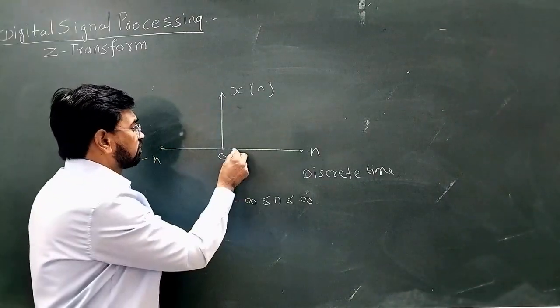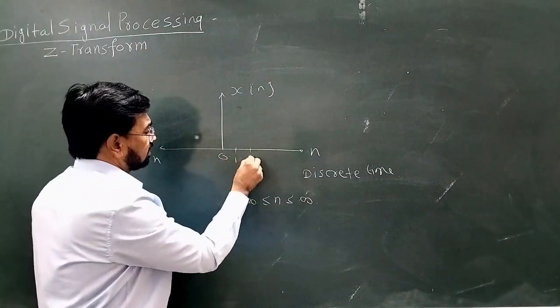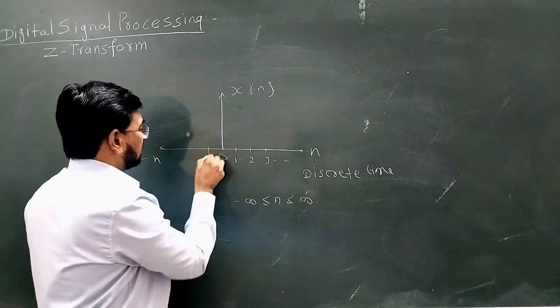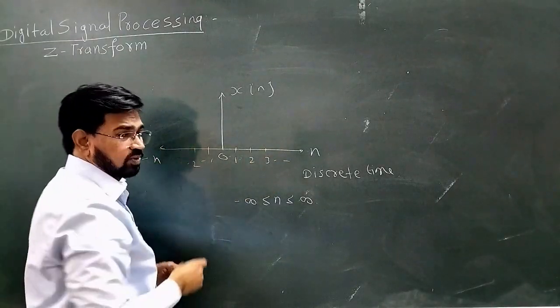The values of n are plus 1, 2, 3 and so on, and minus 1, minus 2 and so on.